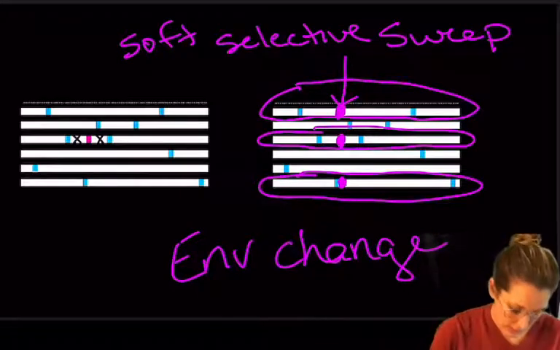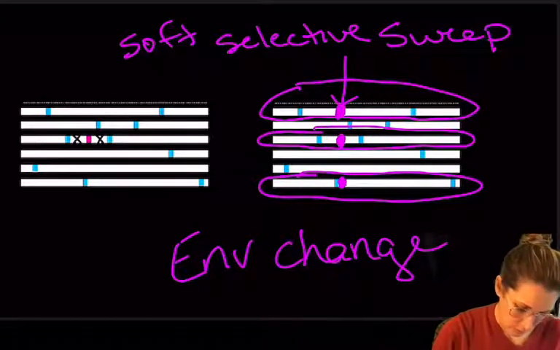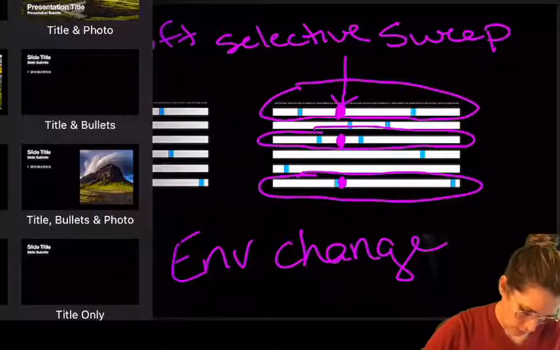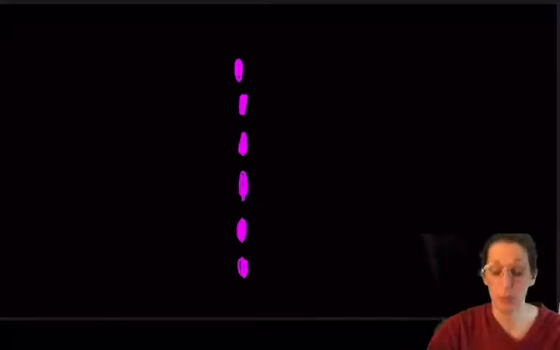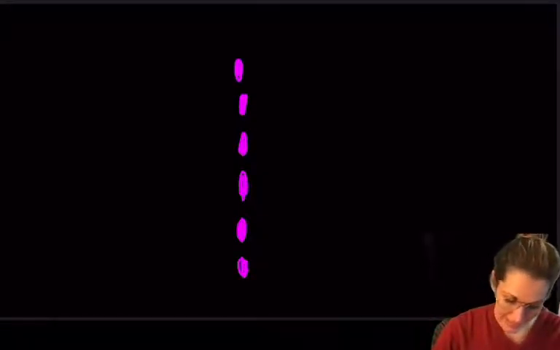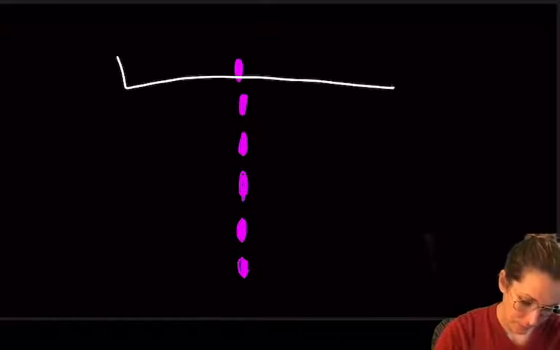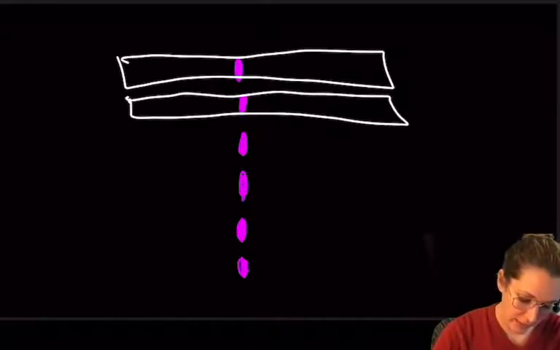So over time, rather than seeing fixation of a whole section of the chromosome, you're just going to see fixation of that one allele and maybe just a little bit of flanking sequence.